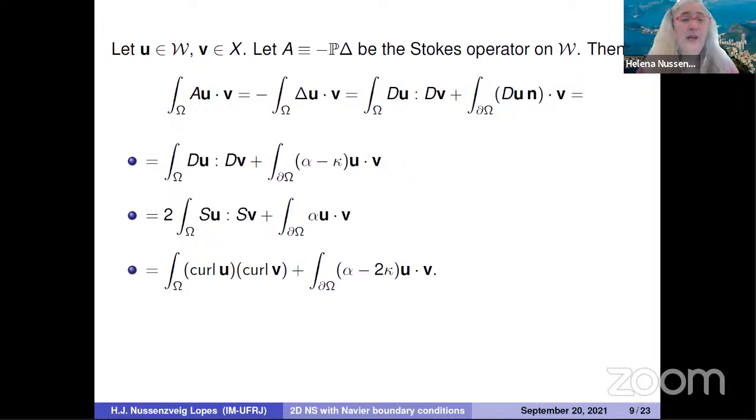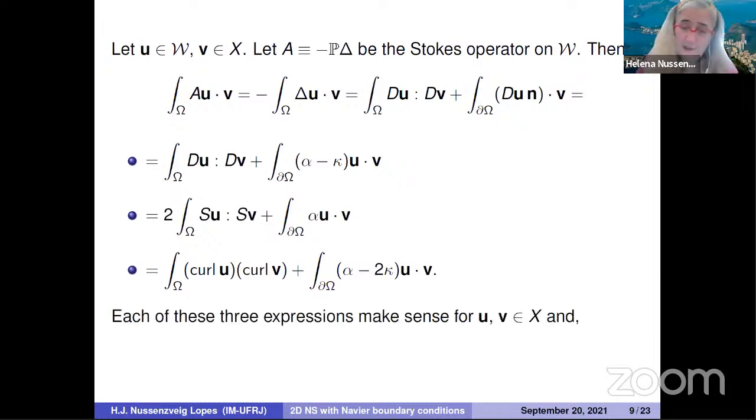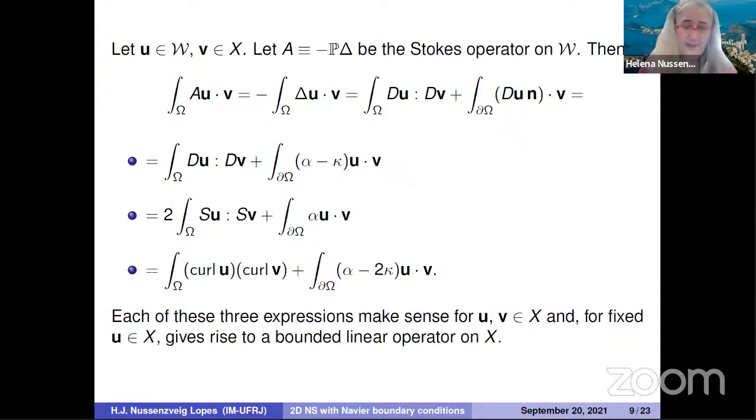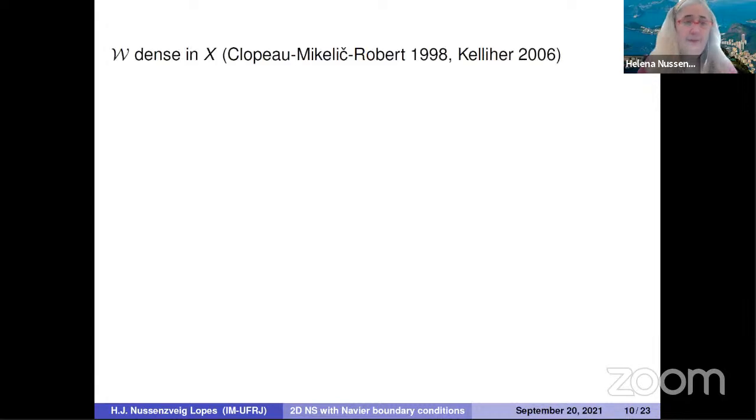Okay, so each of these three expressions makes sense if only U and V are H1, because all you need to do is to take traces on the boundary of U and V. And for a fixed U in X, this gives rise to a bounded linear operator on X, in other words, an element of X prime. Okay.